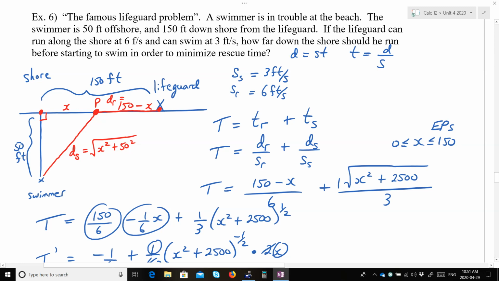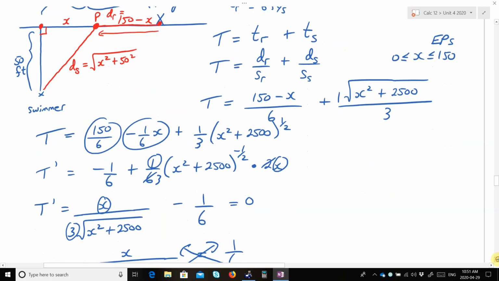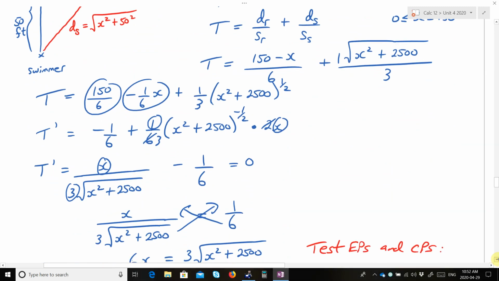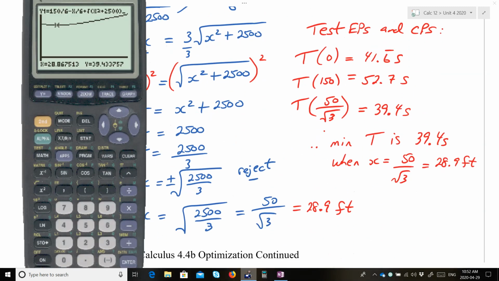So technically, how far down the shore should he run before starting to swim? He runs down the shore 150 minus x. And x was this 50 over root 3, right? 150 minus 50 over root 3.